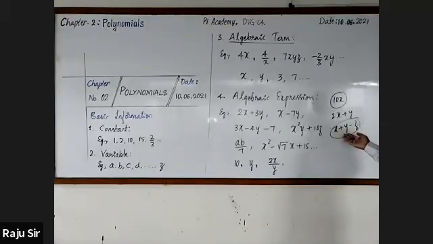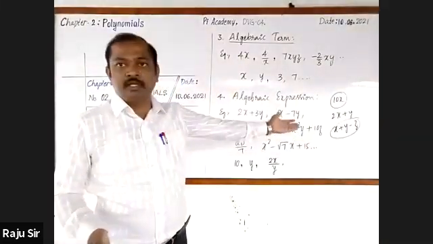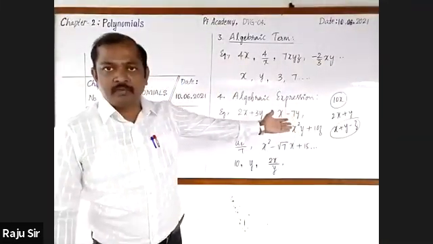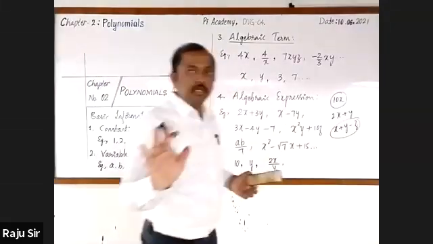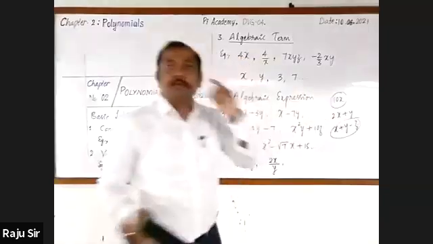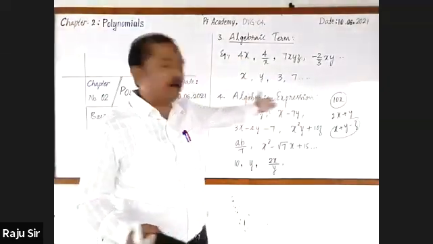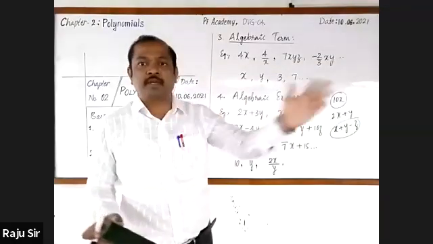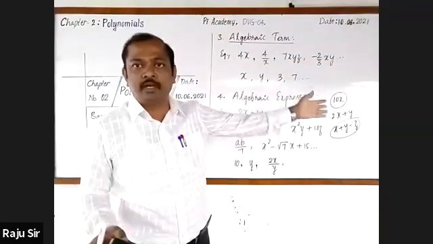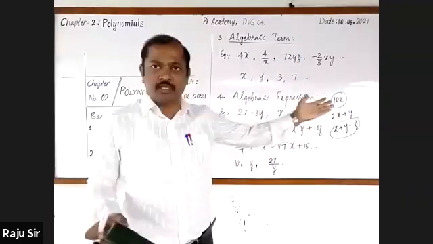There are three terms, so it is a trinomial. Got it? I won't make you write those. Just information. Based on the number of terms involved in the algebraic expression, they can be classified as monomial, binomial, trinomial, tetranomial, then pentanomial, like that. So many are there.